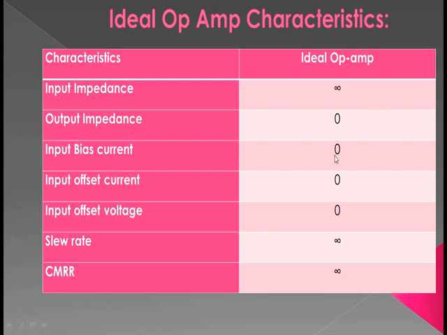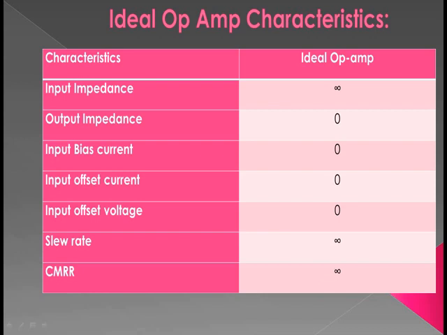Input bias current is 0, meaning to turn on the circuit inside the op-amp it takes 0 current. Input offset current is 0, which indicates when the output is 0, then the current through the input terminal is also 0. Slew rate is infinite, meaning the output changes very fast with the change in time.